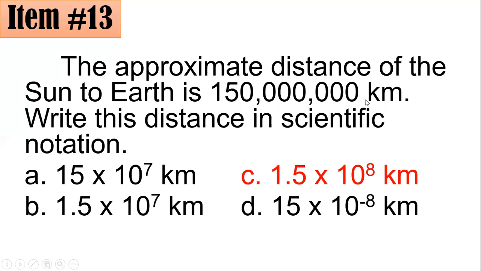But here, it's known that the decimal point is here, and you have 1, 2, 3, 4, 5, 6, 7, 8. So it has to move 8 units going to the left, and that's why it's 8 here. And since this number is greater than 1, the exponent is positive. That's why it should be letter C.